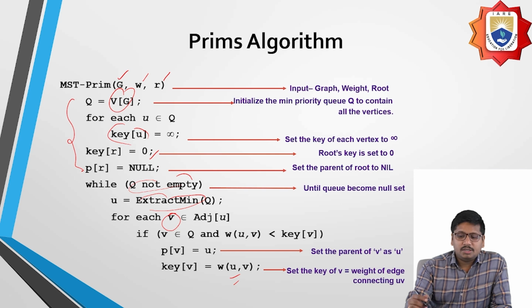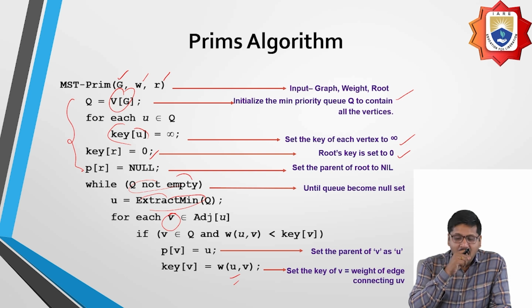Initially set the priority queue, where all the vertices are stored, and set the key of each vertex to infinity and the root key to 0, and set the parent of the root node to null.